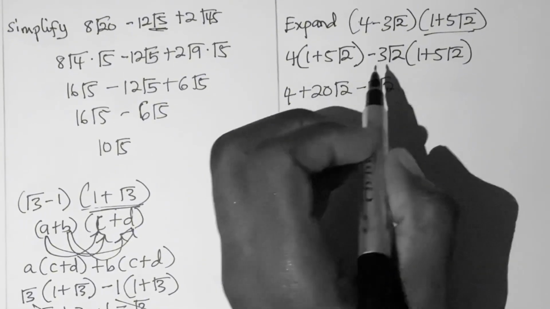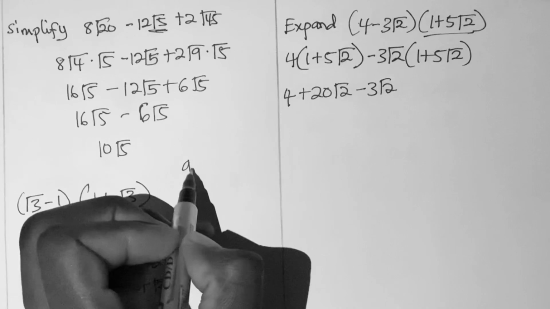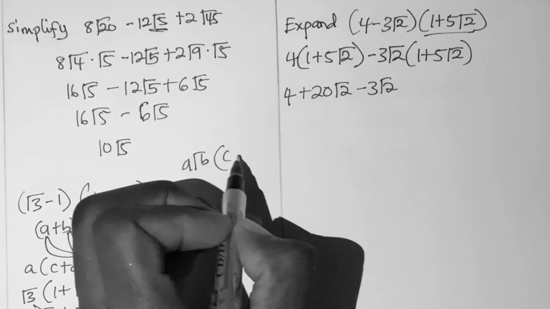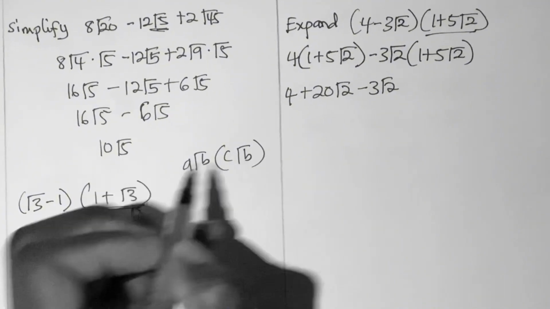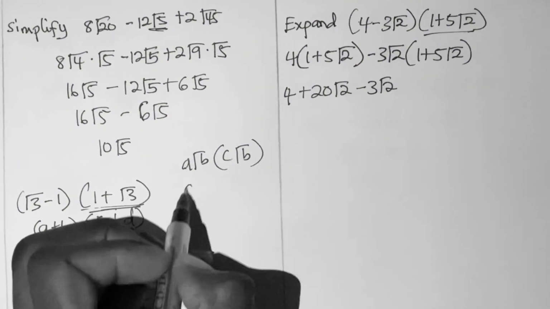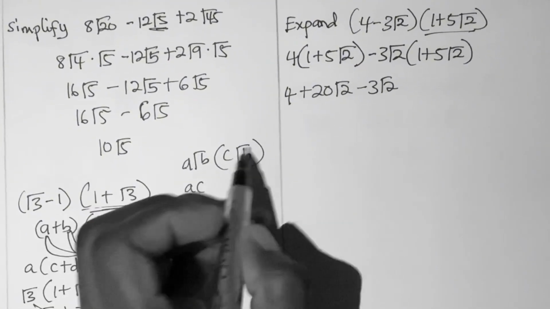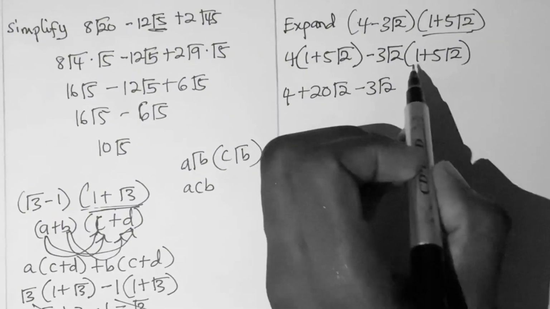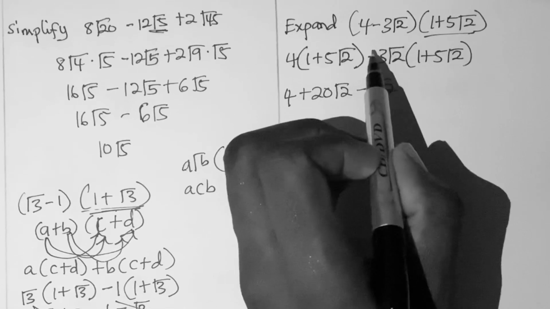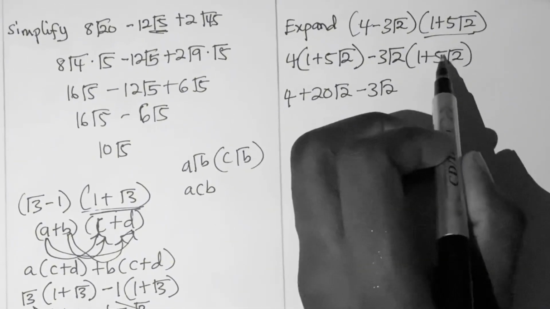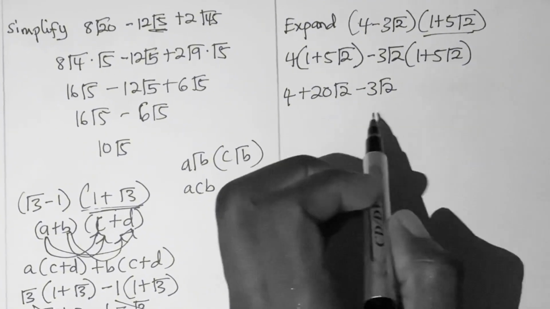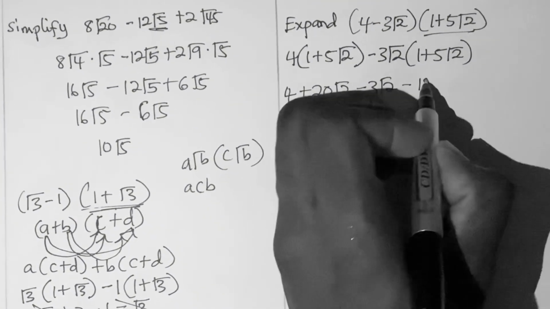So what you do is that if you have a root b times c root b, you multiply a and c, so it will be ac. Now root b times root b is b, so ac times b. Now let's come to this case. So a is minus 3, then c is 5. So minus 3 times 5 is minus 15.